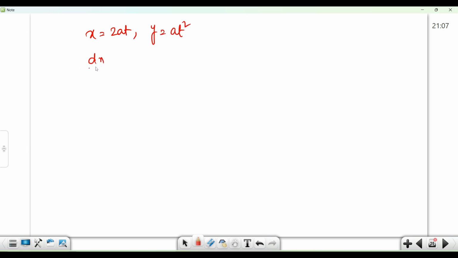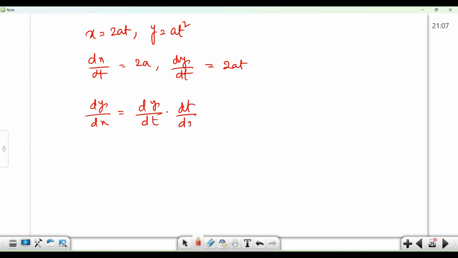So dx by dt is equal to 2a, and dy by dt is equal to 2at. Now dy by dx, according to chain rule, is dy by dt into dt by dx. So that is equal to 2at by 2a, that is equal to t.